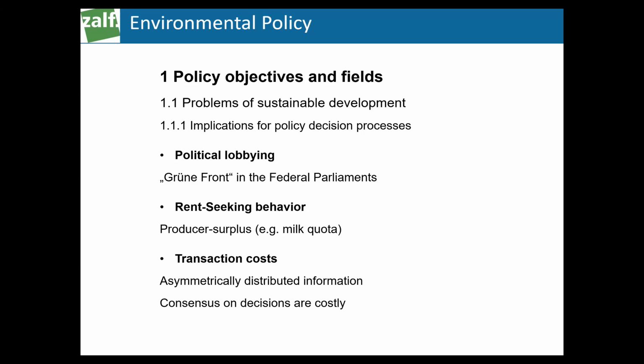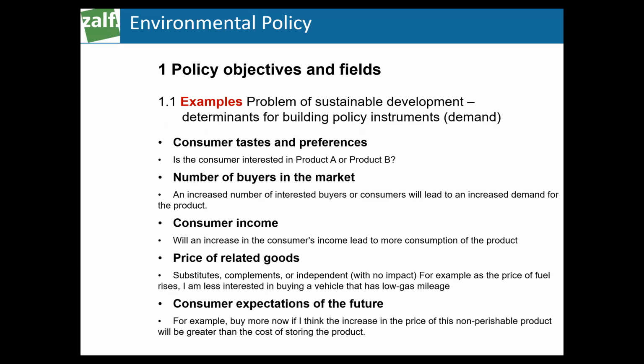And to abolish a milk quota is not easy, and one has to pay compensation. It's not easy to change anything. And the transaction cost most hindering is the communication, asymmetric distribution of information. And the consensus in terms of decision is always the costly part of policy making.